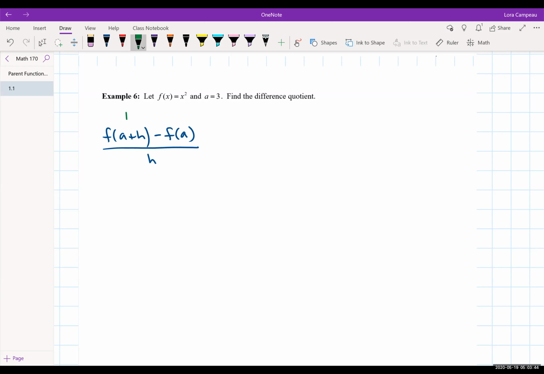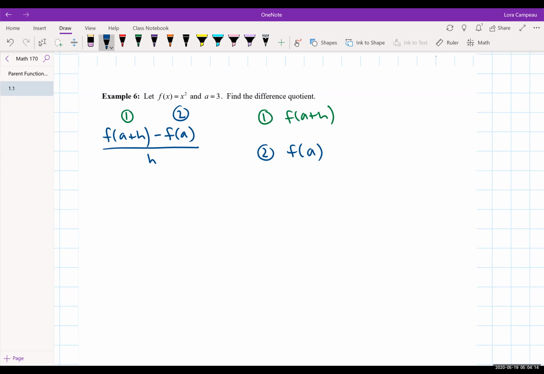The first part would be evaluating at f of a plus h. So I can do this on the side. So I want to talk about function notation. And the second part would be rewriting what is our f of a. And sometimes that part is a little easier to deal with first.